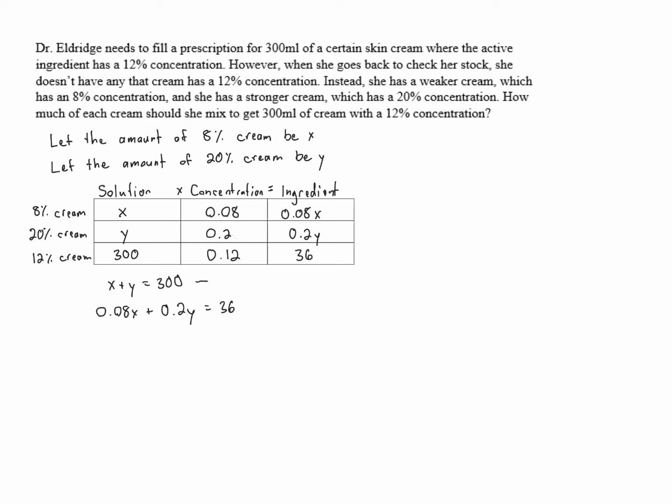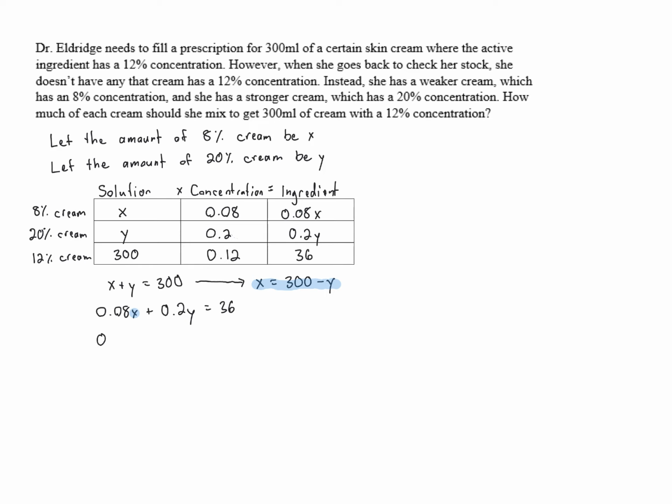To get x alone, we need to subtract y from both sides. When we subtract y on the left, we've got x all by itself. And then on the right, we've got 300 minus y. And once we have this, we can substitute this in. Whenever there's an x in the other equation, we can replace it with 300 minus y.